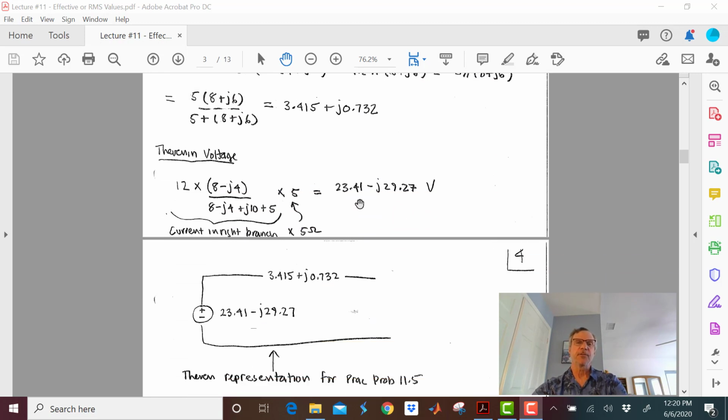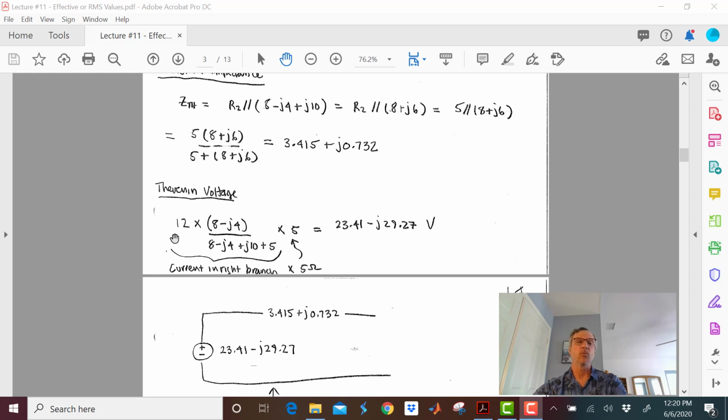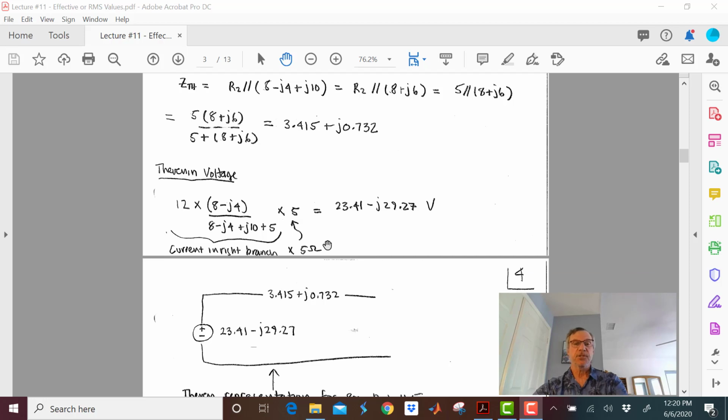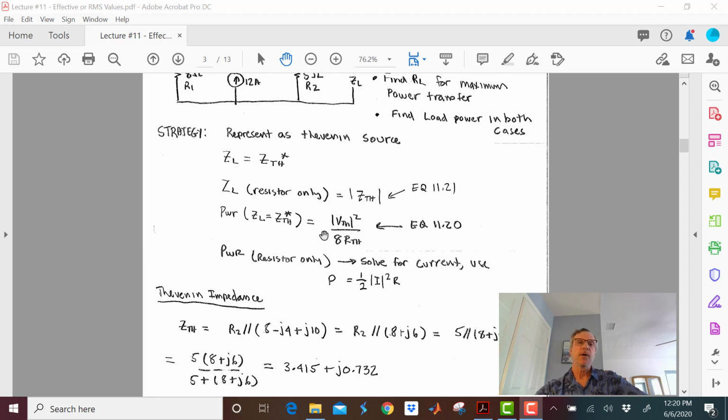So the current division theorem is always weird. I'm sorry, let me stop.